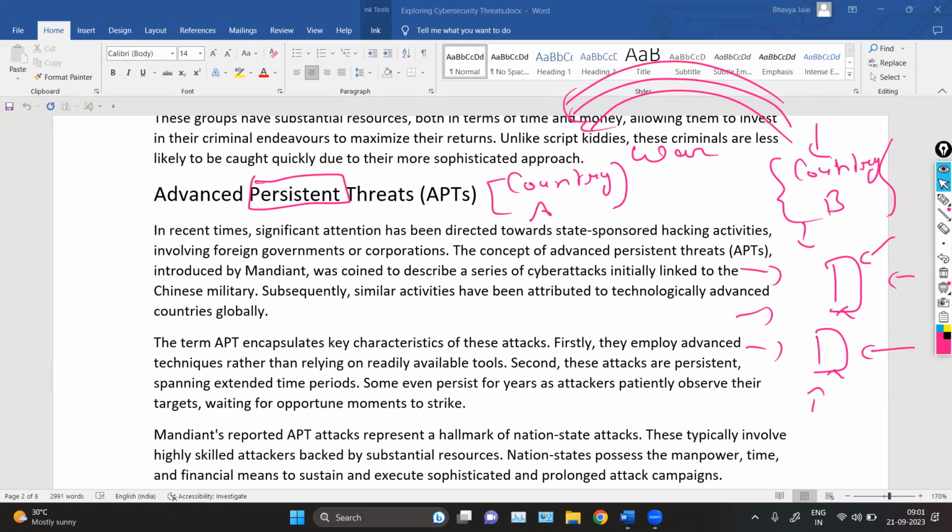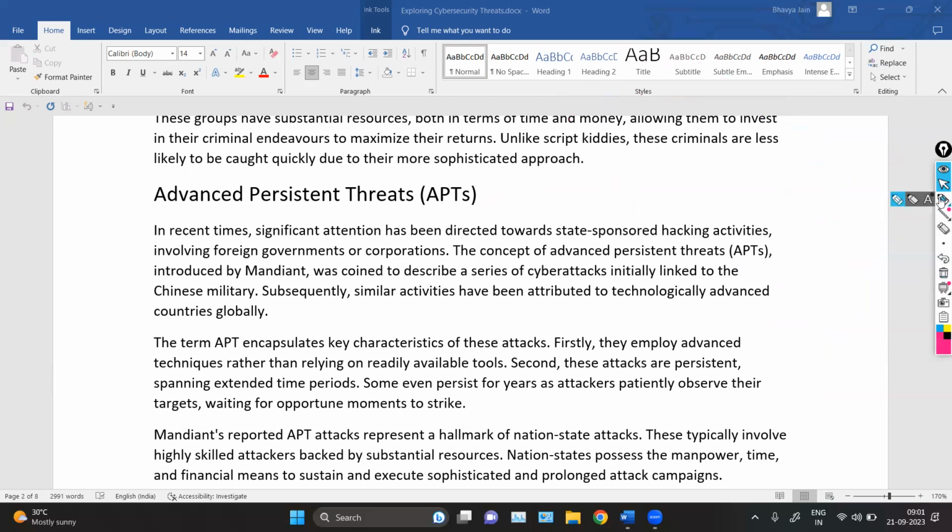A persistent connection can be performed by any hacker. It can be performed by a hacktivist, and it can also be made by script kiddies. So this is the concept here. Advanced persistent threat is not a kind of hacker.